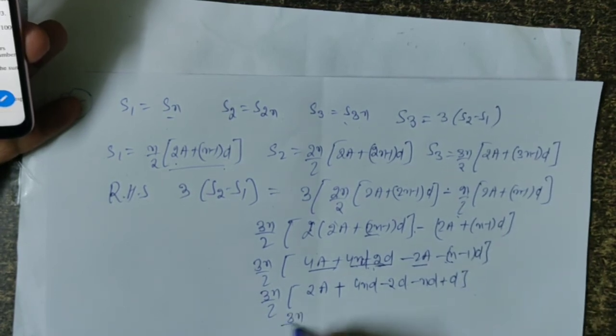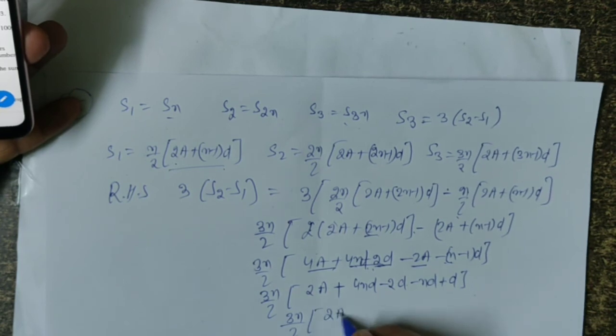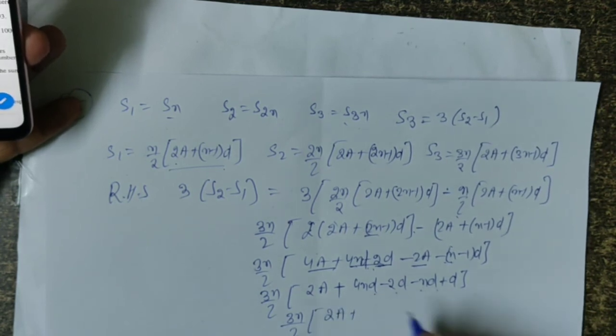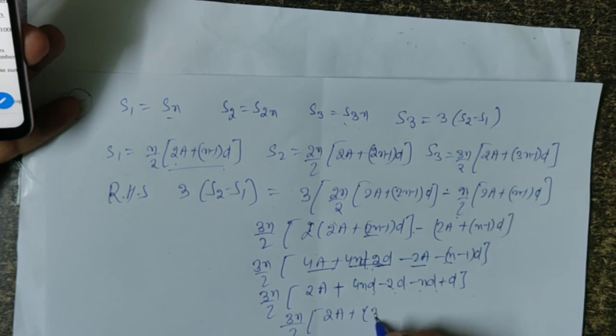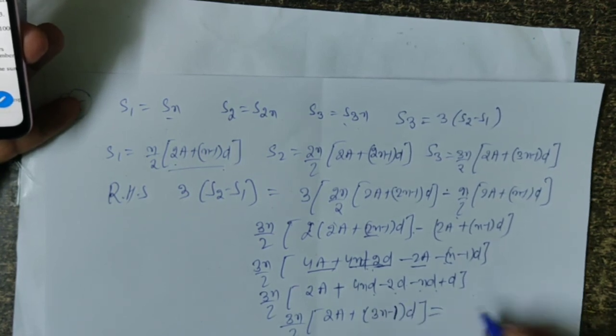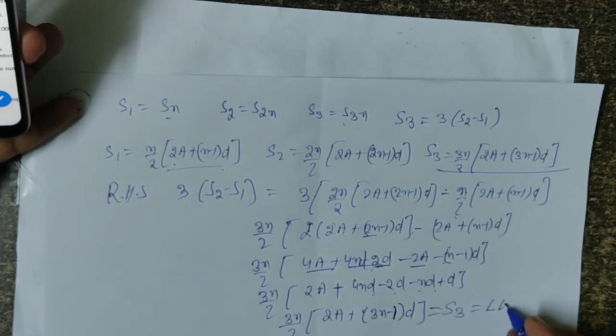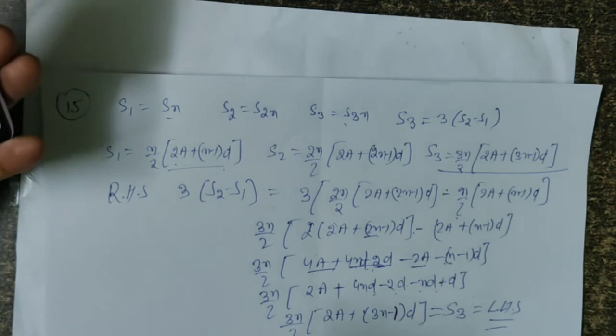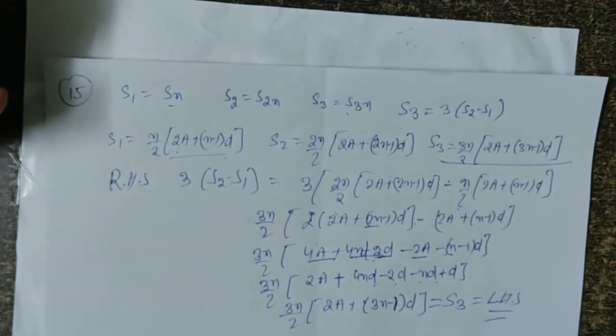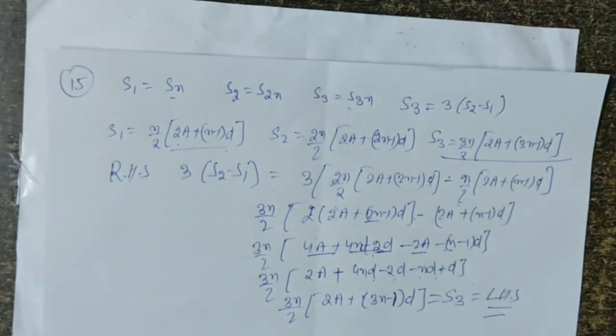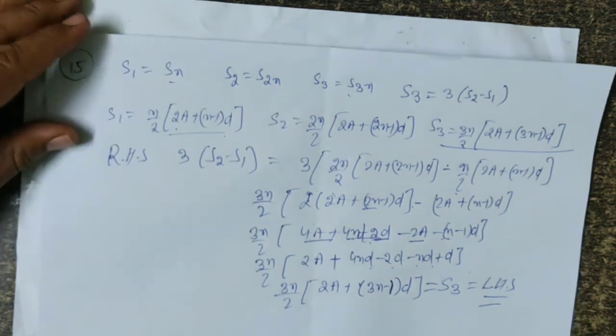Now ultimately it is equal to 2a plus 3nd minus d. If we take common d, 3n minus 1 into d. Now this is definitely equal to S3, which is the LHS. Now these are all most important and board oriented questions in this worksheet.